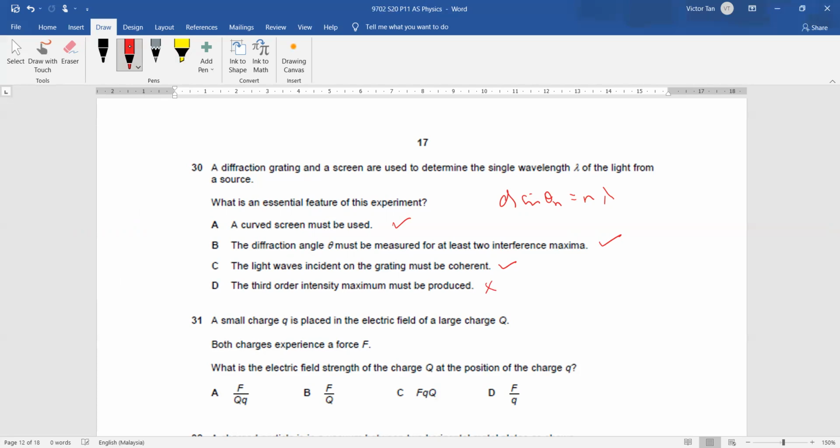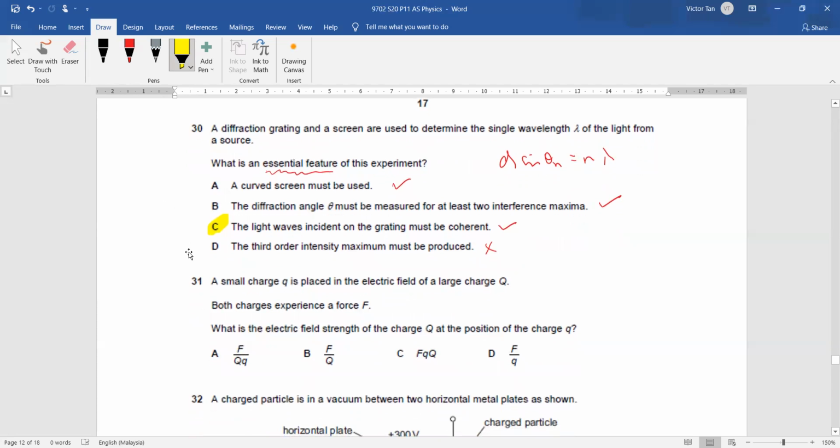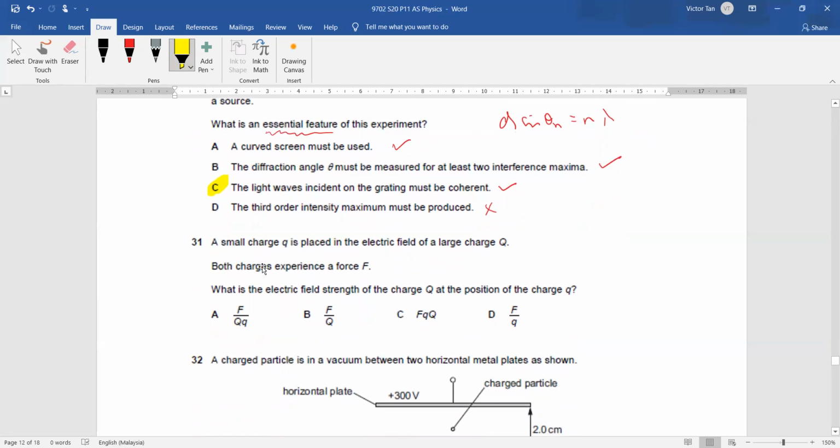Essential feature, essential. So for this essential, it must be coherent. You can find the wavelength by other means. But essential, if it's not coherent, the other two answers will not be relevant.